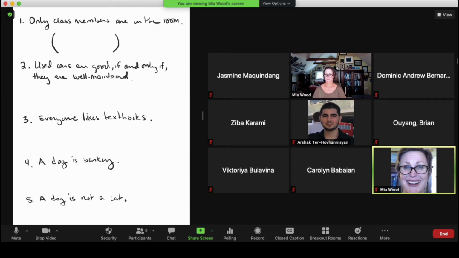Okay, so Jasmine's talking about things that are in the room. So, remember in our text, we have the opportunity to write out the predicate in long form or short form, where in long form, we could do this: in the room, or we could just write room, or we could just write are.